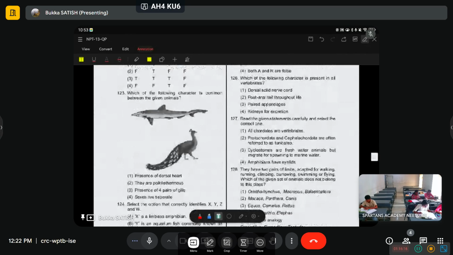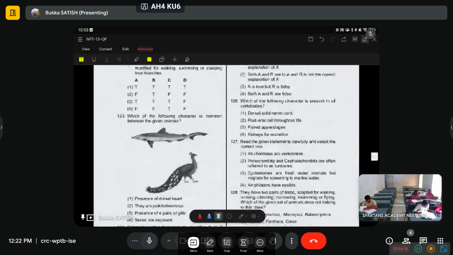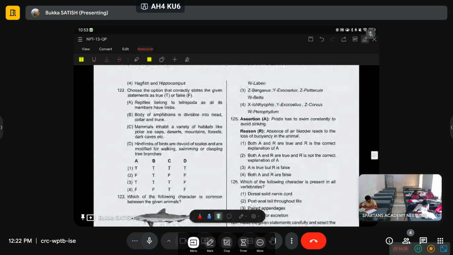125. Chondrichthyes have to swim constantly to avoid sinking. Yes or no? Right, because it is a chondrichthyan, no? Absence of air bladder leads to the loss of buoyancy in the animal. When there is an air bladder, they need not swim constantly because it will give buoyancy.